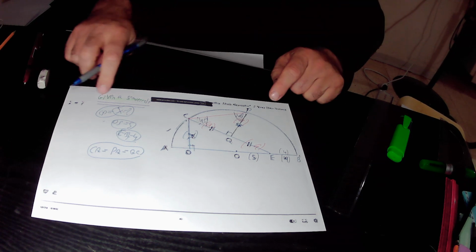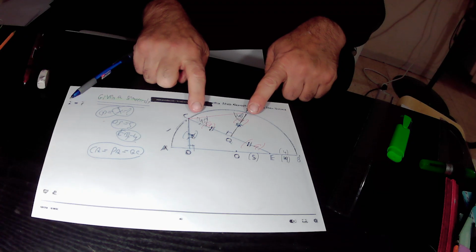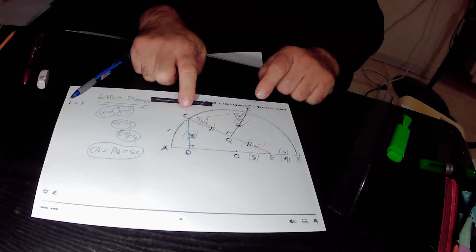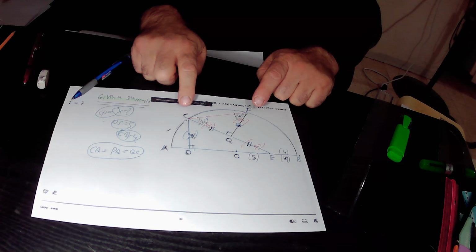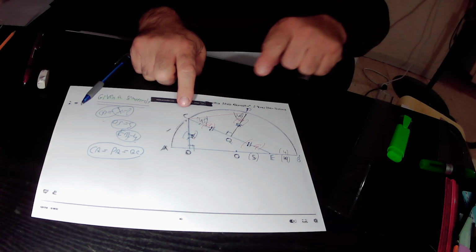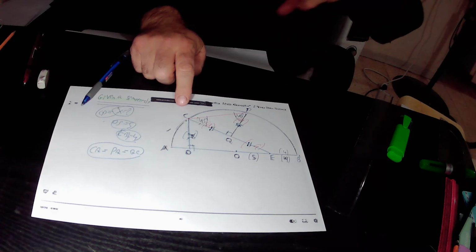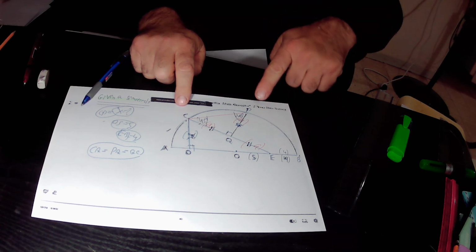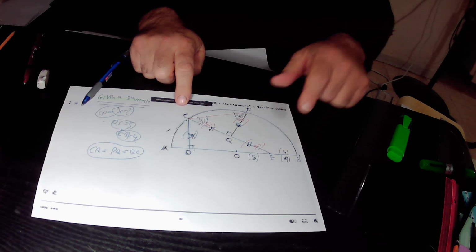Why? Because side CQ equals side PQ, and therefore it is also an isosceles triangle. And we can say in general that if we have a right triangle that is also an isosceles triangle, its angles will always be 90 degrees, 45 degrees, and 45 degrees. It is true in any right triangle that is also an isosceles triangle. So in the next step, we join points P and D together by a straight line.